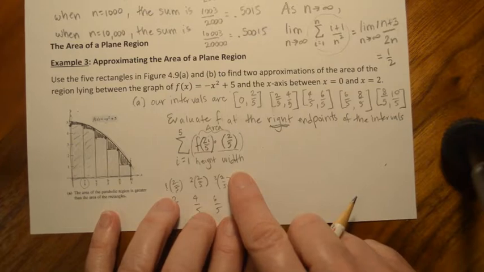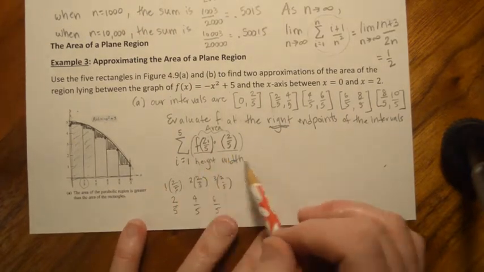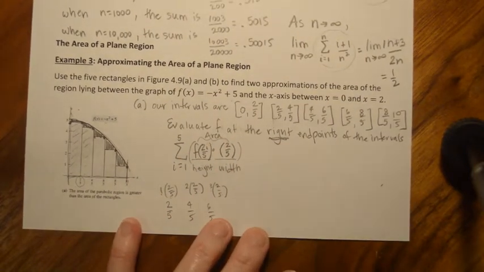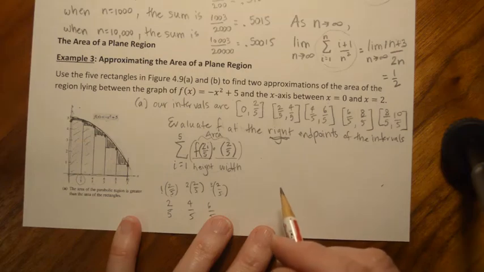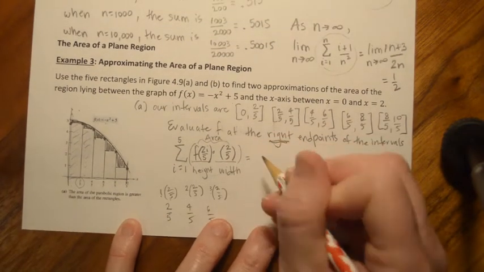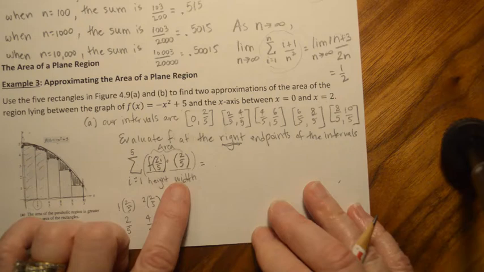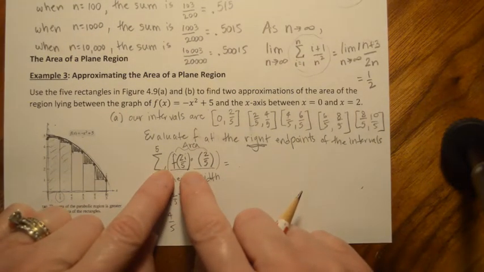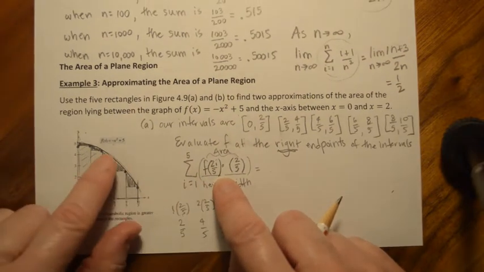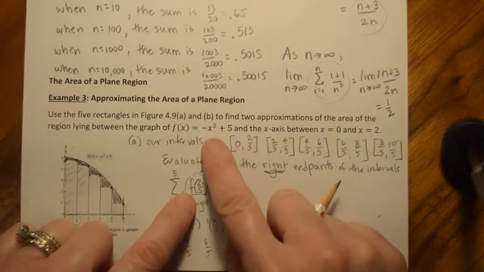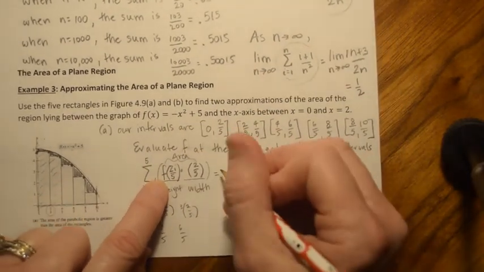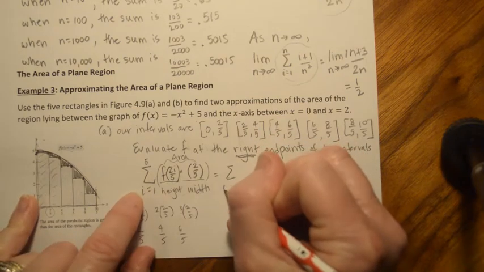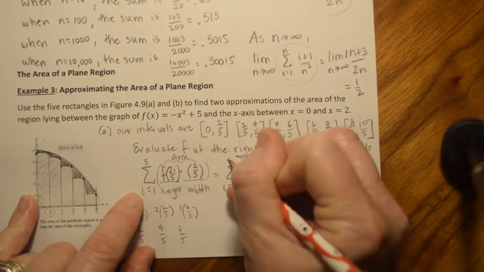Hopefully you're feeling okay, because I would say that's a big step right there that we needed to do. All right, let's keep going. So now I'm going to replace this f of 2I over 5 with the value that I get when I plug it into negative x squared plus 5. So I'm going to get sigma I equals 1 to 5.